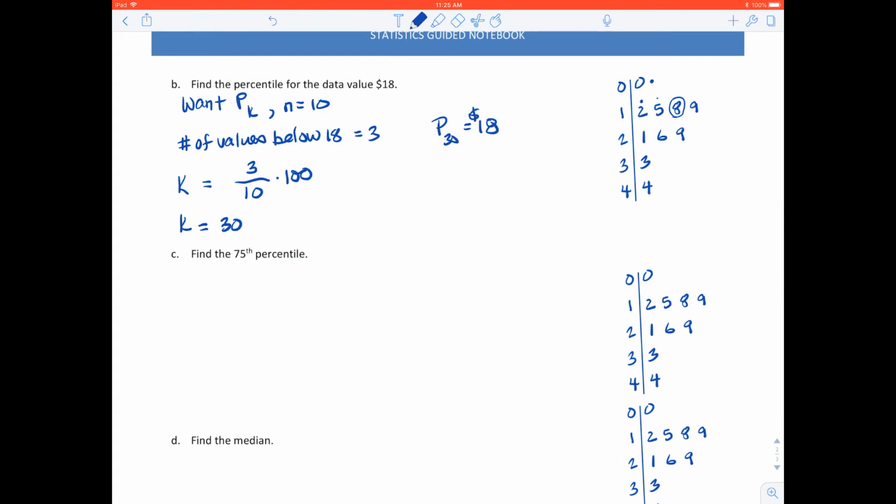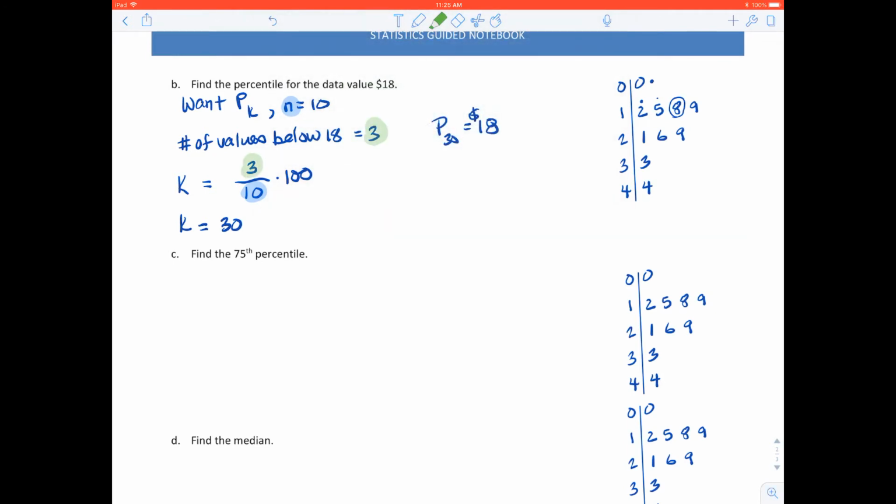All right, so this is how we matched them up. We had our N was 10. This time it was in the bottom from the one formula. And then we have our number of values below 18 was 3.